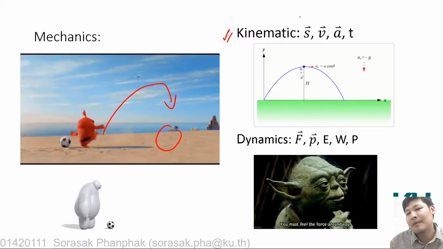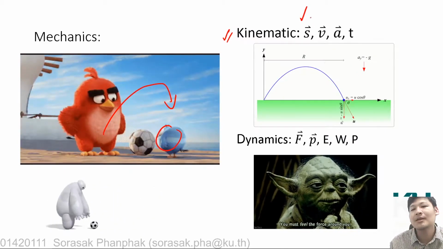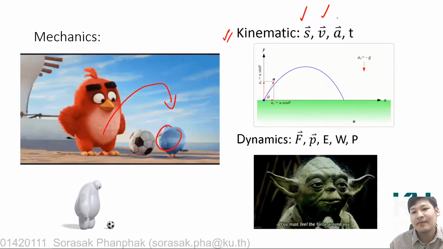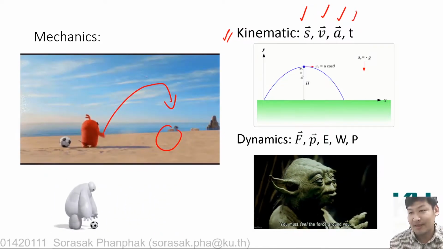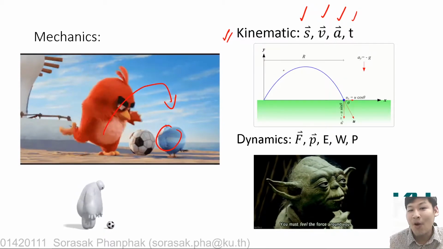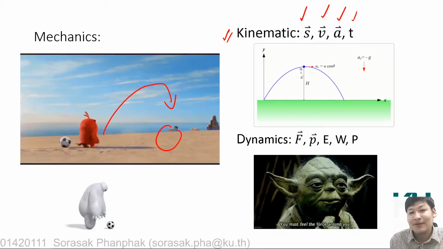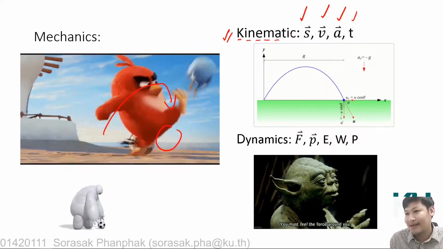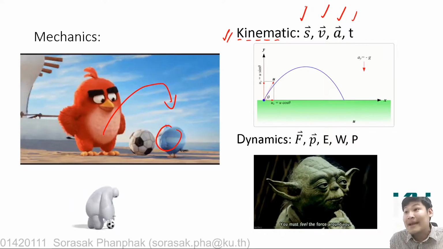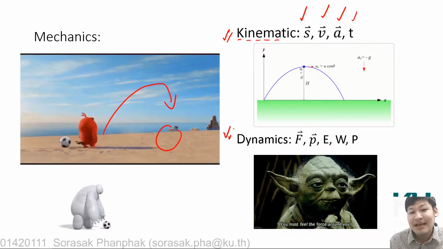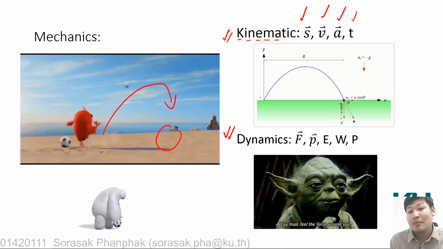You can explain the displacement of this motion, the velocity, the acceleration, also with the time. So all of this, what happened, can be explained. You can use kinematics to explain it. But what is the mechanism behind it, the reason this motion happens?